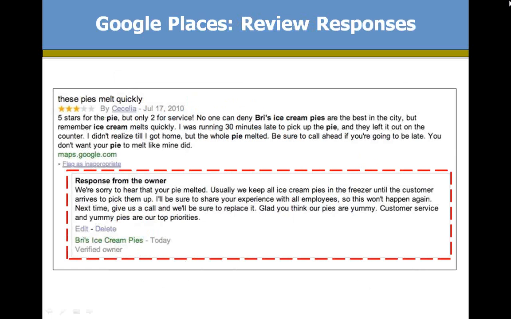So let's go ahead and dive into the first new feature. And before I get too far into it, for those of you who don't know, back in April, Google rebranded what's now called Google Places.